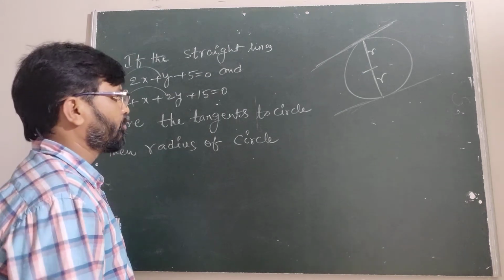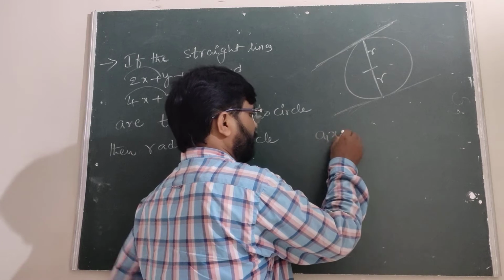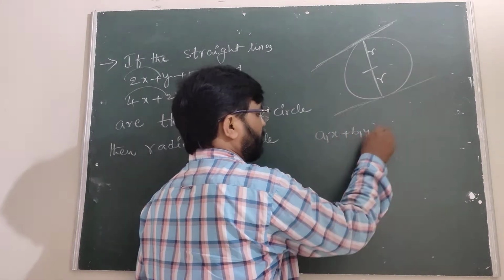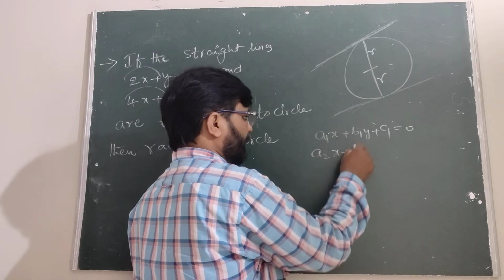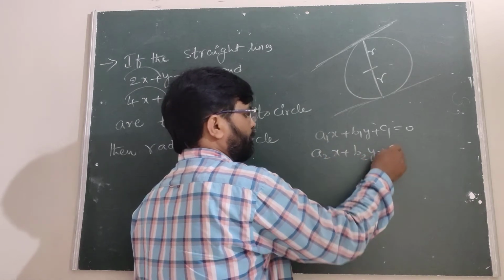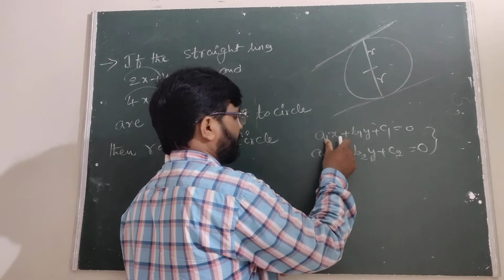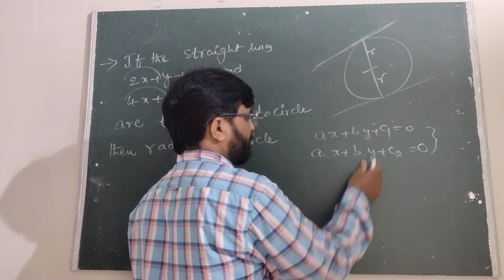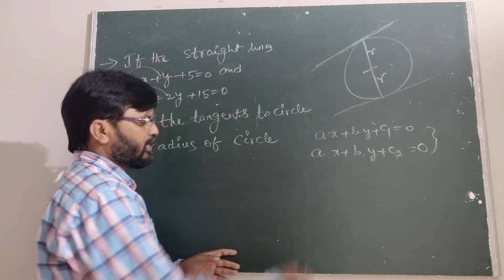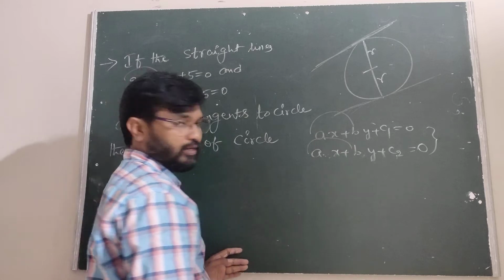We have to know that the distance between the parallel lines a1x + b1y + c1 = 0 and a2x + b2y + c2 = 0, that is ax + by + c1 and ax + by + c2, which are parallel since the slope is minus a by b for both, and the slopes are equal.